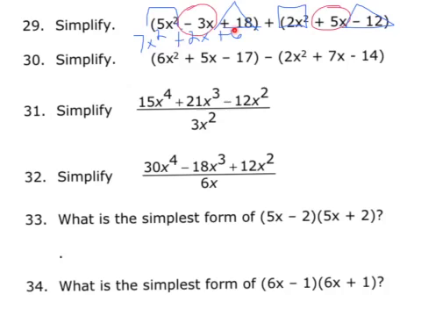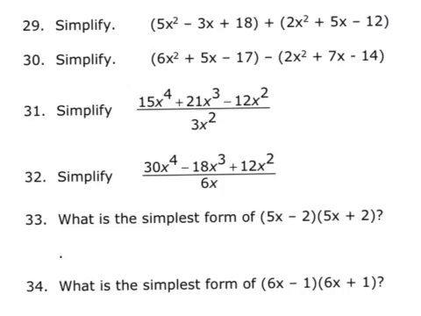Okay, for number 30, we are going to simplify this as well. So we are going to take this minus here, and that's like multiplying by negative 1, so we're going to distribute a negative 1 to each of the terms inside of this parentheses.